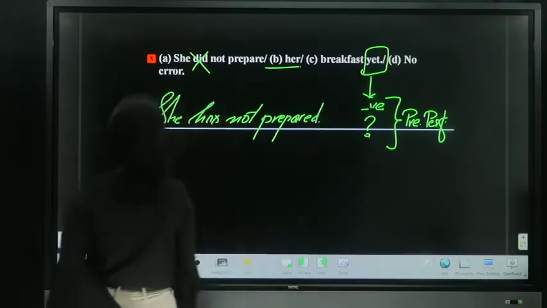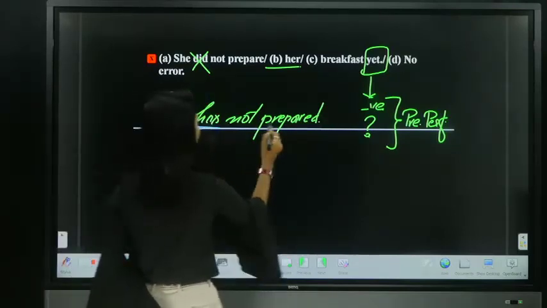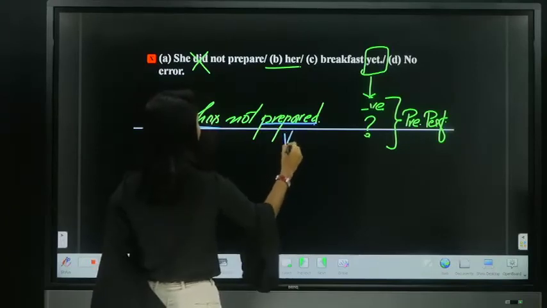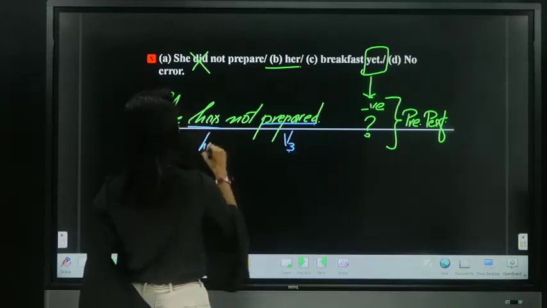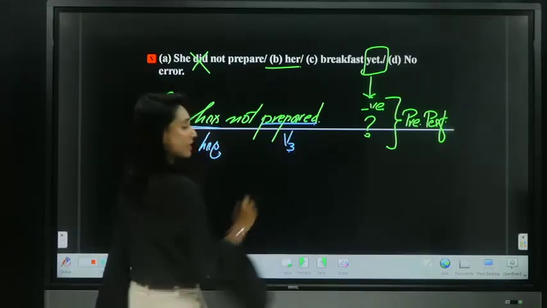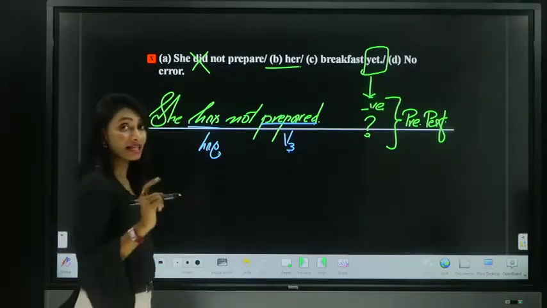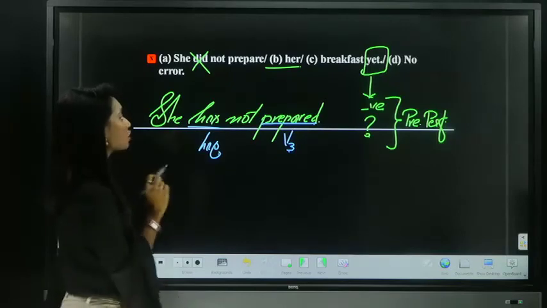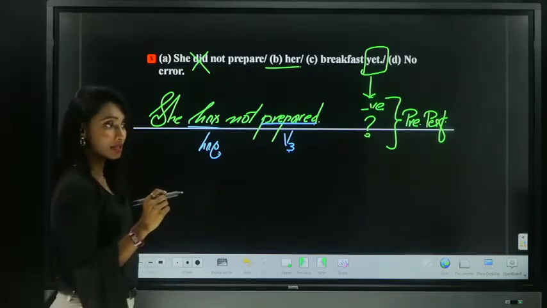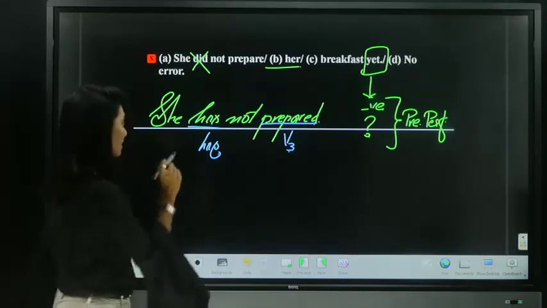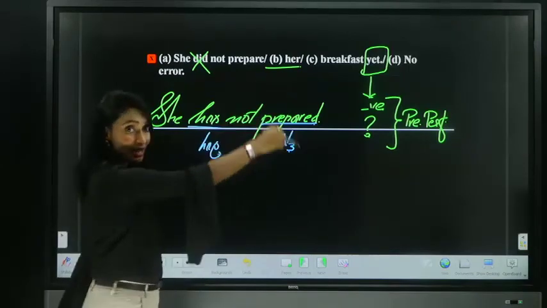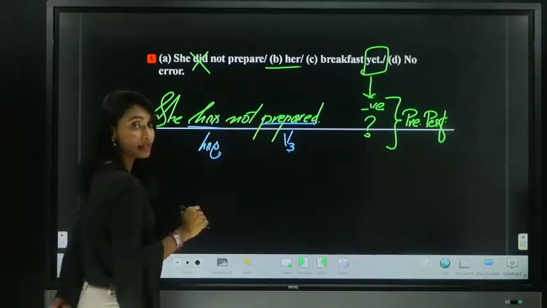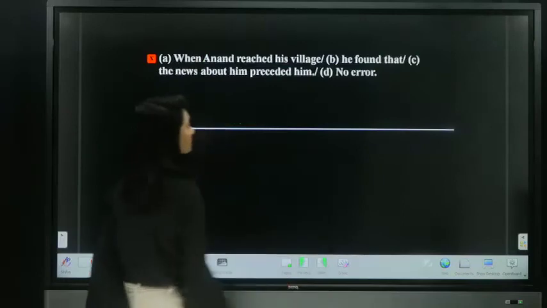Have forms plus V3. So she has not prepared her breakfast at, because at is a time indicator. Not had not, it should be has not plus V3. I hope it is clear, guys. Angela, you must correct that. Present perfect. At is a time indicator of present perfect tense.